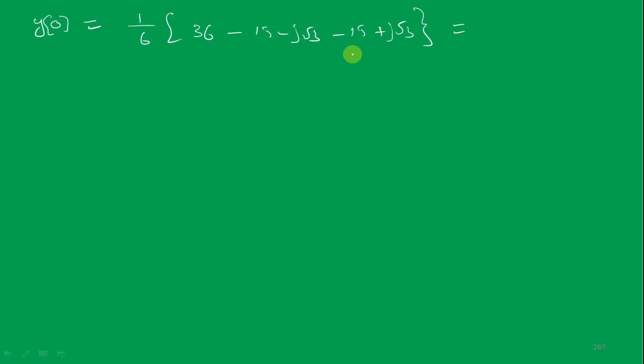Now you get 36 − 30 = 6, 6 by 6 is 1. So y of 0 is 1.